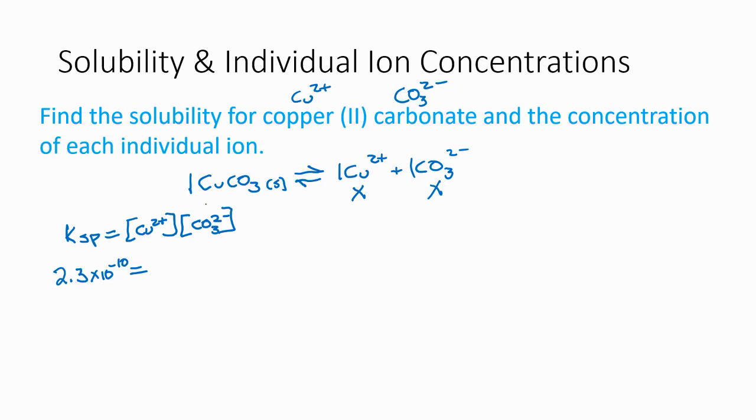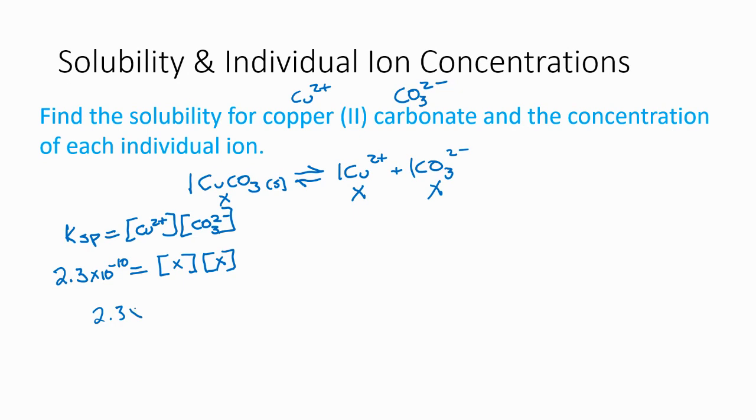You technically could say X of this is going to break up. That's known as its solubility. But remember, we're not going to actually include copper 2 carbonate in our solubility or KSP expression. So I'm going to put in here for Cu2+ X, and I'm going to put in here for CO3 2- X. So I have a pretty simple equation to solve.